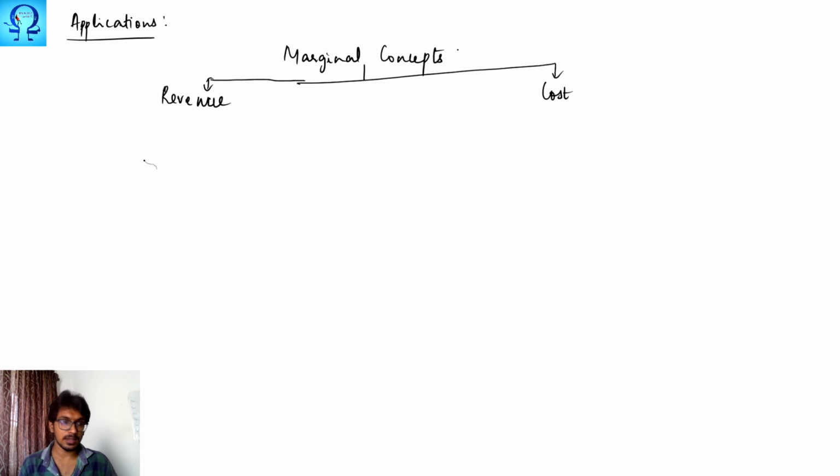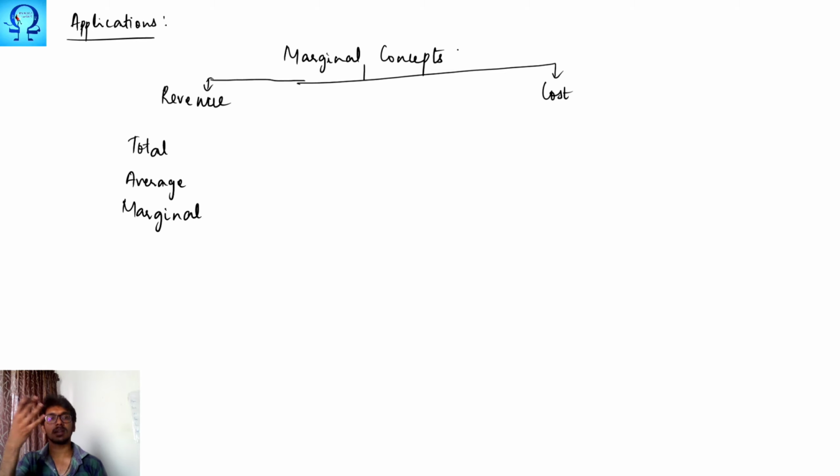In cost as well as in revenue, we have three things: total revenue or total cost, average revenue or average cost, and marginal revenue or marginal cost. Total revenue means, suppose you are selling n number of products, the total amount that you receive by selling those n products is called the total revenue, and the amount involved in producing these n products is called total cost.